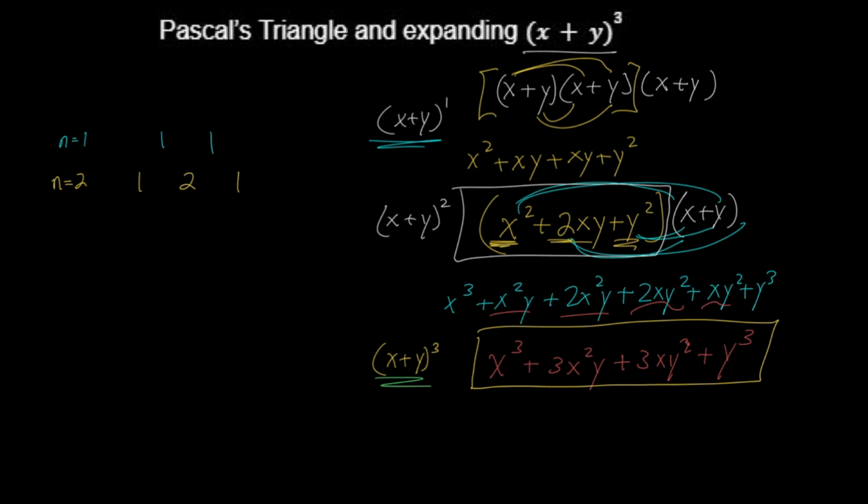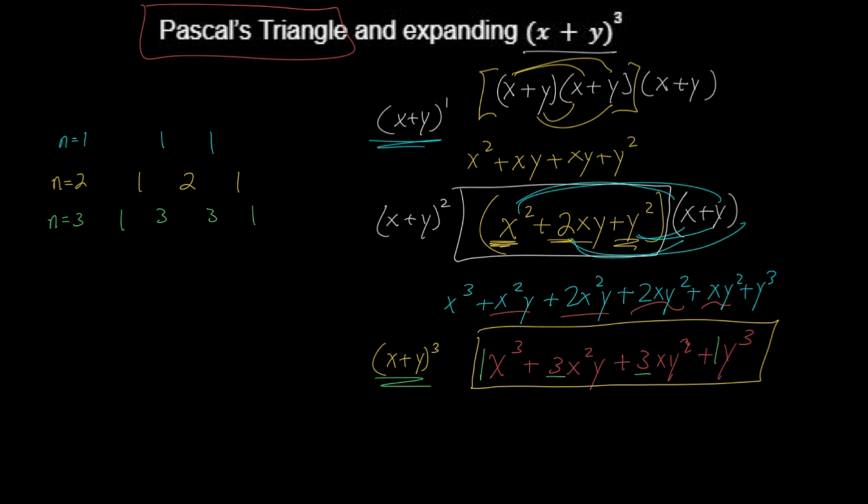And when n is 3, or the exponent is 3, we can see that the coefficients are 1, 3, 3, 1. Writing it like this, and if we were to continue it, it would be more clear that there is a pattern going on here. This pattern is known as Pascal's triangle.